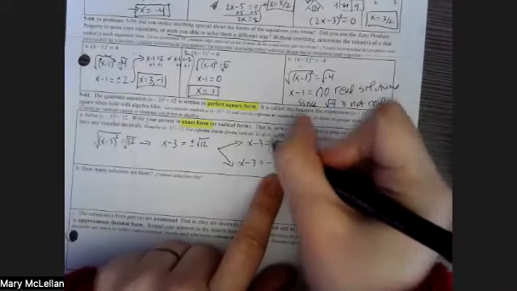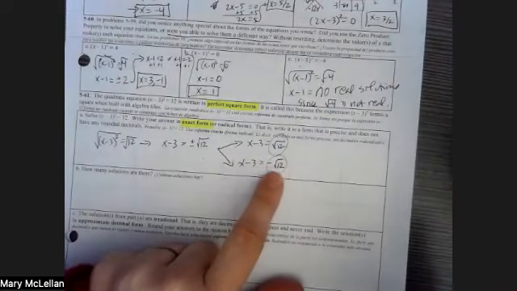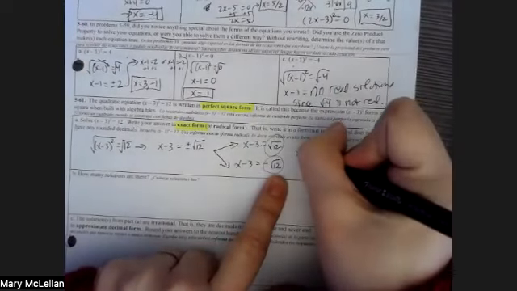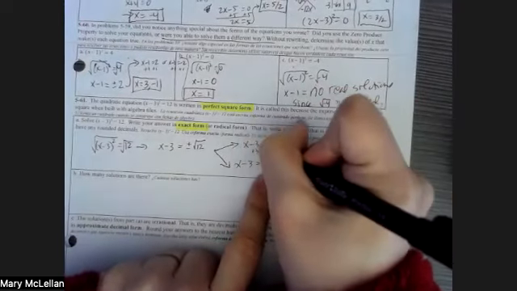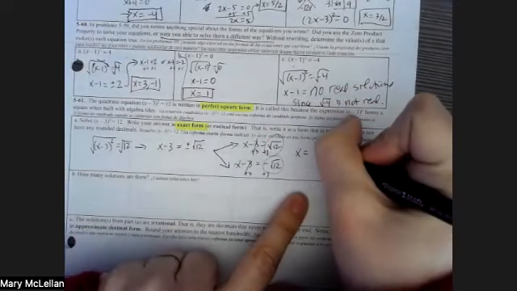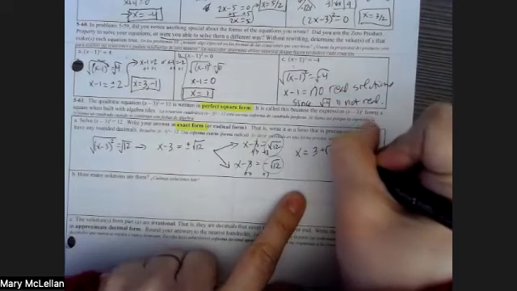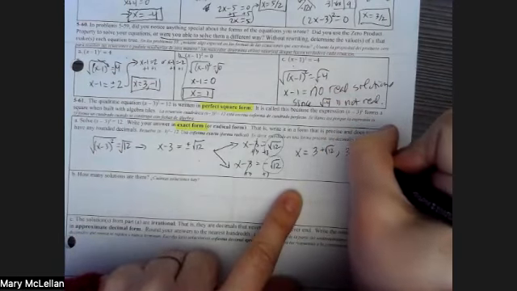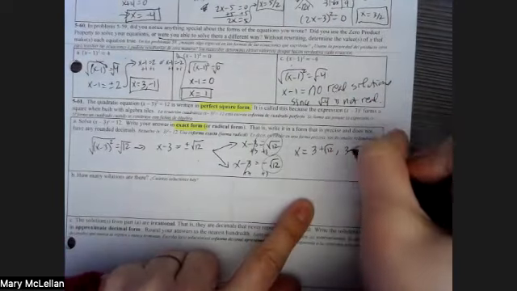I'm going to leave the square root symbol in my answer. If I add 3 to both sides, x equals 3 plus root 12 and 3 minus root 12. And those are my two answers.